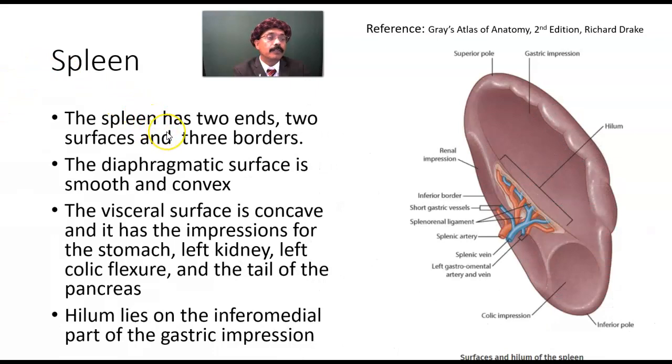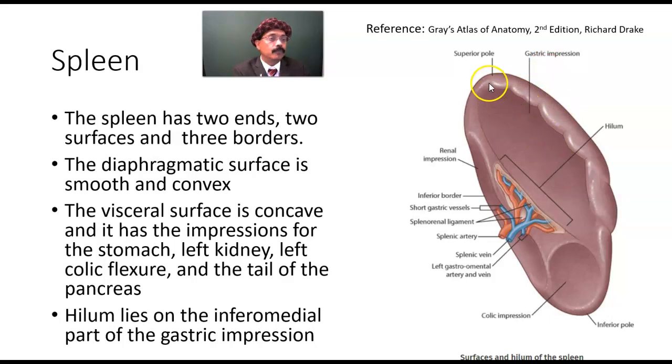It has two ends, two surfaces and three borders. Here is the inferior pole and the superior pole. Two surfaces: this is the visceral surface, and the other side is the diaphragmatic surface.